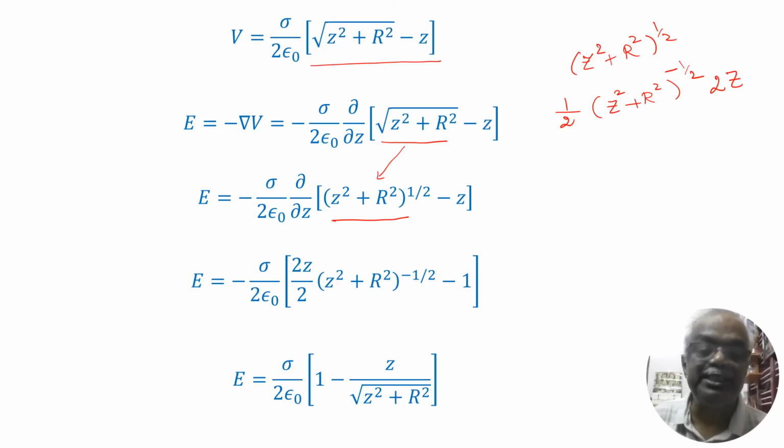Here you can see the 2 and 2 will get cancelled. Then here you have z.